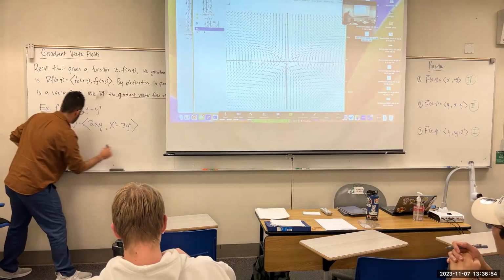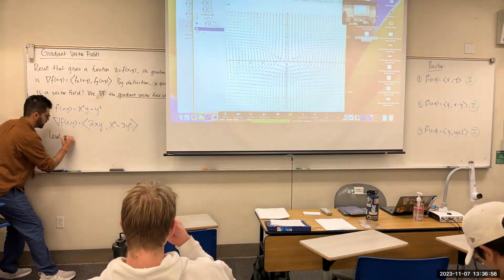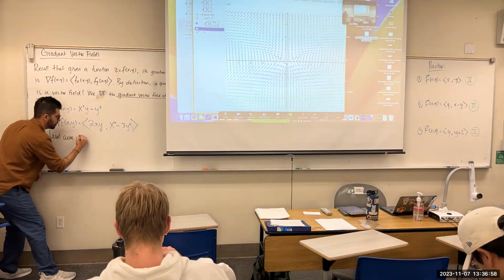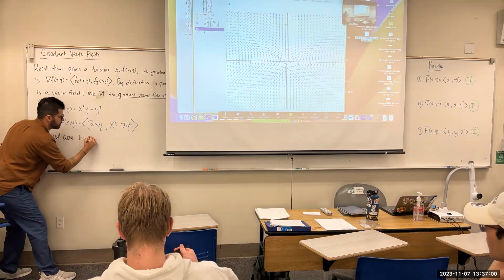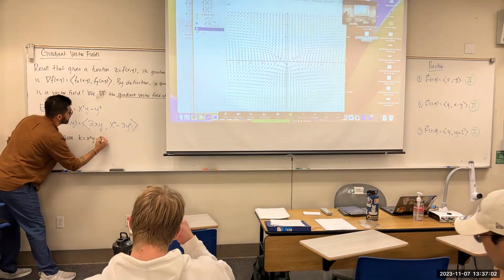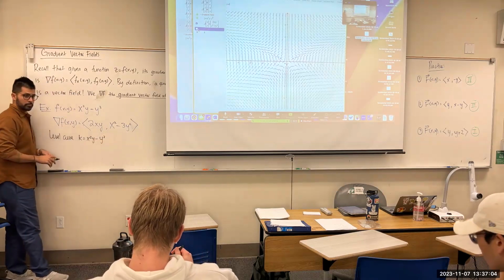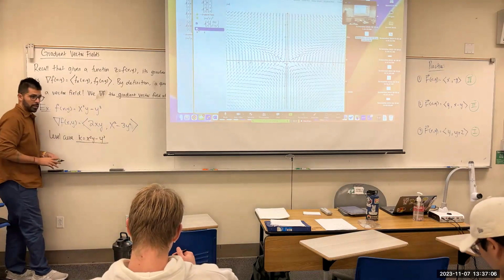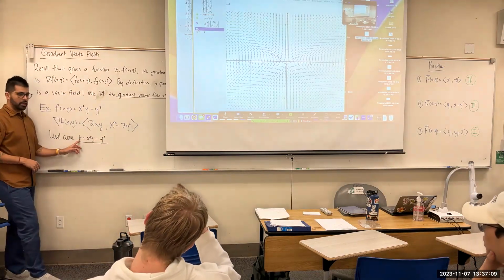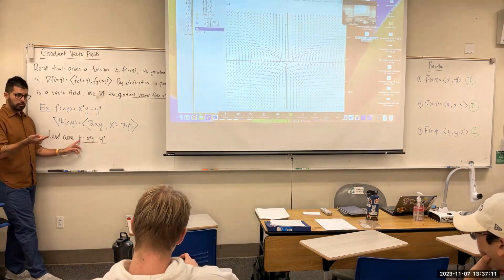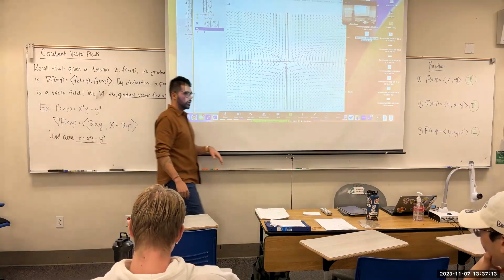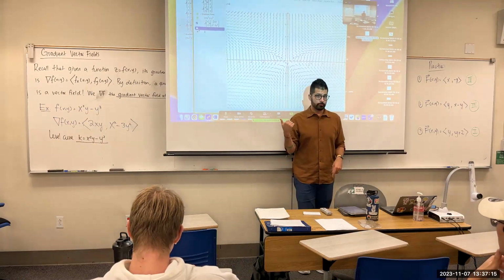Remember the level curves. The level curves were when z equaled k of the function. So for example, k equals 1, k equals 2. Remember that this graph has a surface.